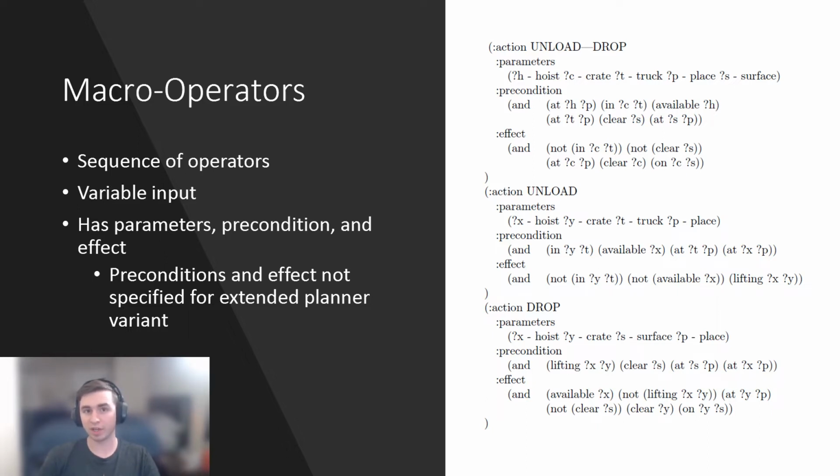This will become important later as we take a look at the difference between these two variants. On the right, you'll see the generated macro action, or macro operator, unload-drop, that was taken by combining unload and drop. This is an example of one of the enhanced domain actions, as it's written in the exact same encoding as the other actions. You can see that the parameters, precondition, and effect are all calculated in this case.